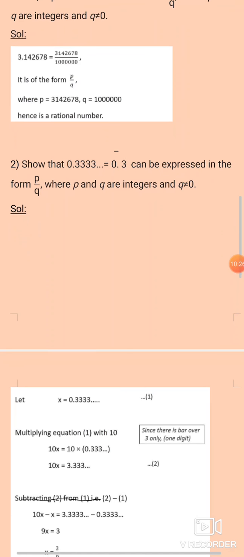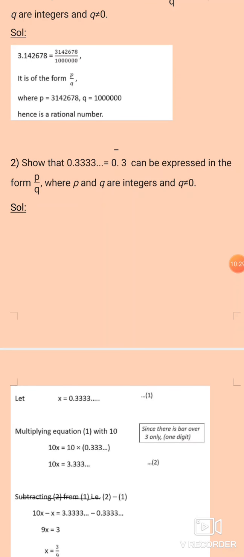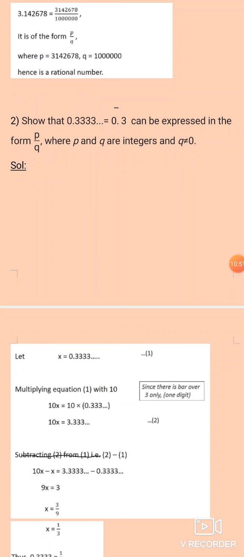Next we subtract equation 1 from equation 2. On the left side, 10x minus 1x is equal to 3.333 etc. minus 0.333 etc. Then 9x is equal to 3.